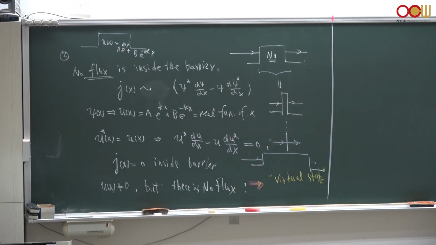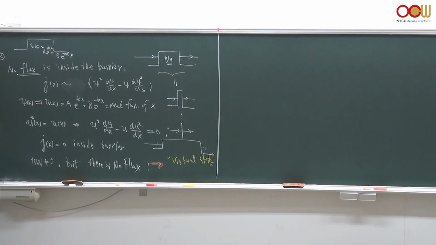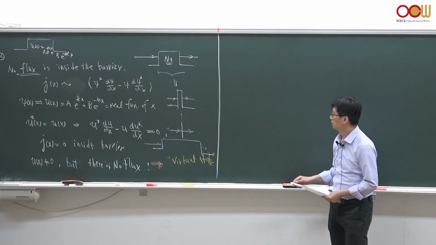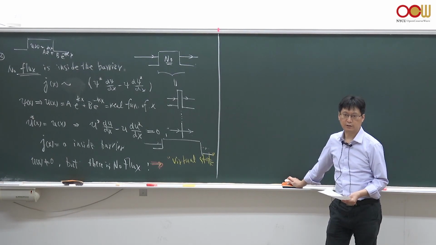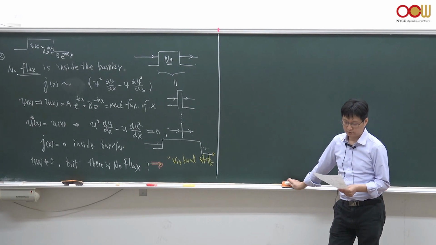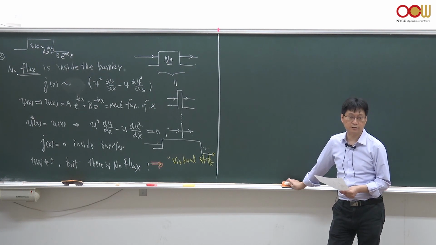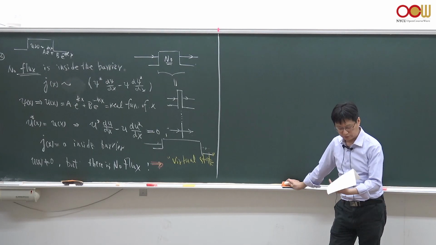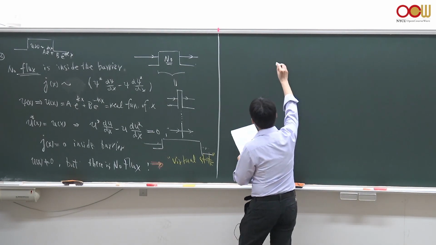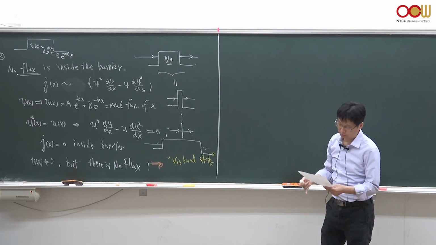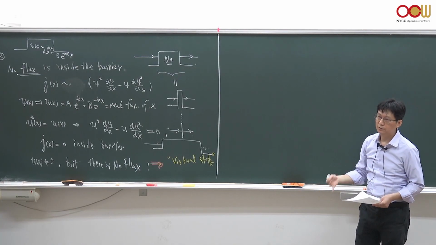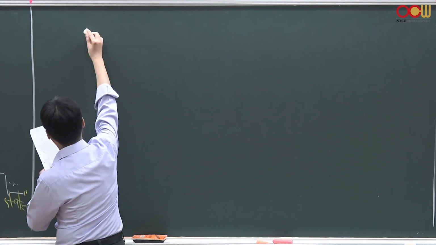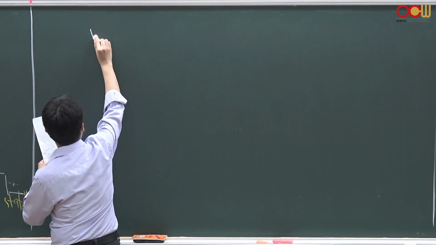So any questions so far? Okay, so I offer you two explanations regarding this virtual state inside the barrier. By now you should not be too surprised that this is really counterintuitive. Good. So let's look at an approximation which could give some very simple results regarding the transmission coefficient, called the WKB approximation.